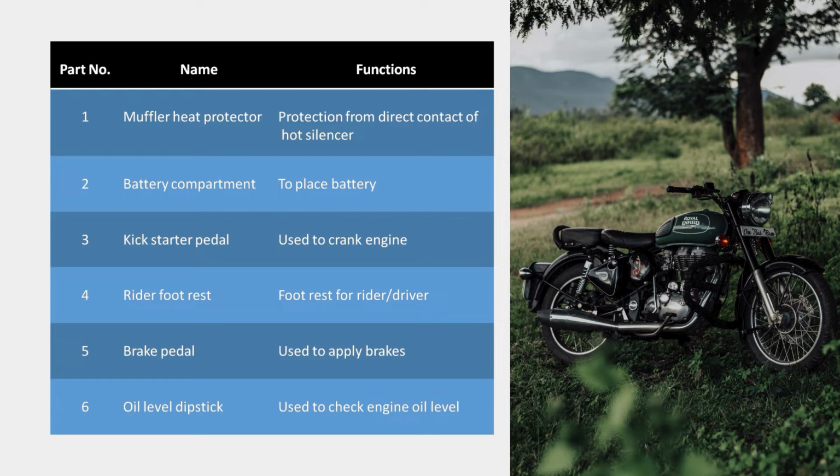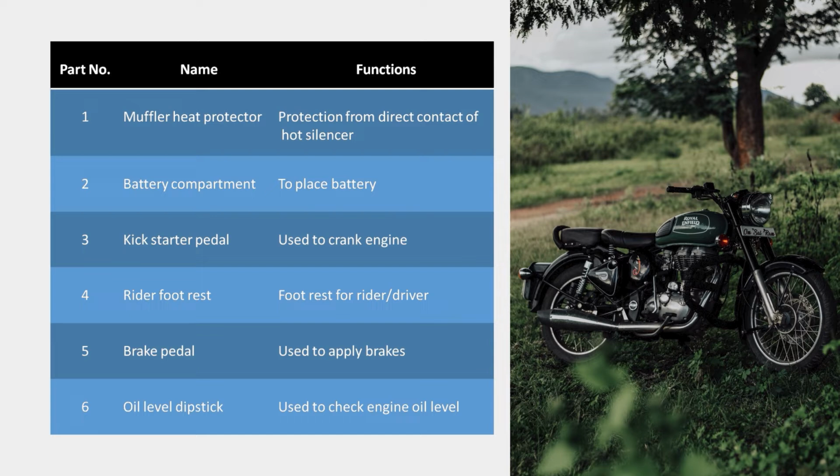Battery compartment. There is a compartment where you have a battery, and the compartment is only for placing the battery for starting your motorcycle. Kick start pedal. It is used to crank the engine.